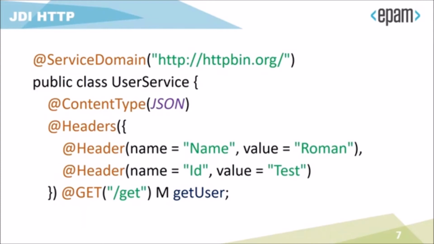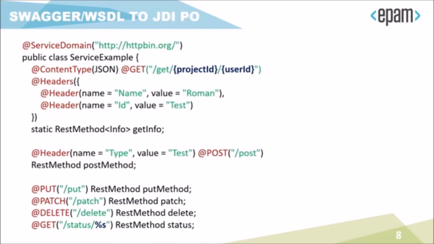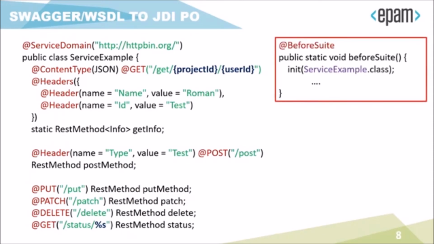You can set up a list of different parameters and variables for your methods. For example, content type, headers. You can set up a method type like get, post, put, and other things, and some other parameters that a typical method has. This is how the typical service object can look.